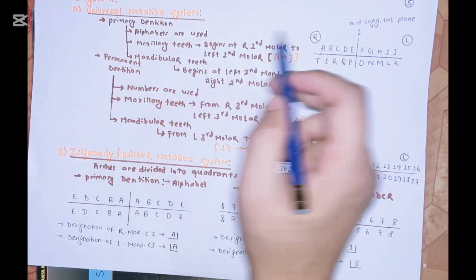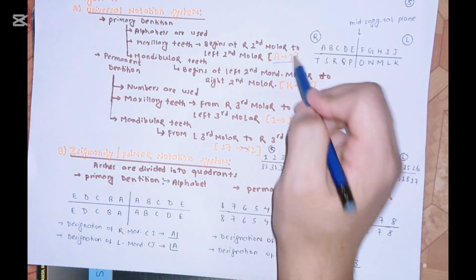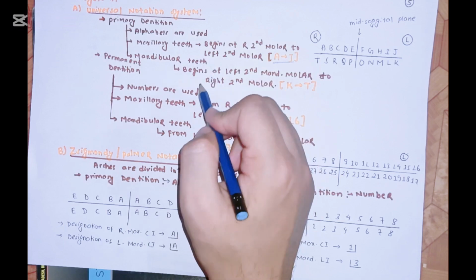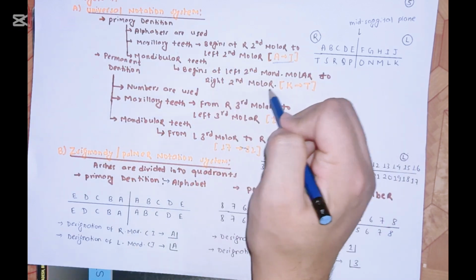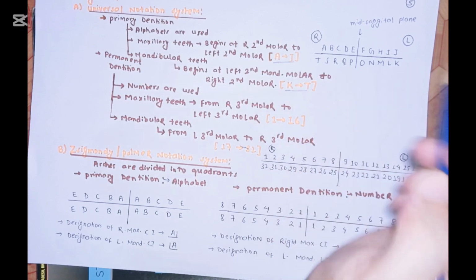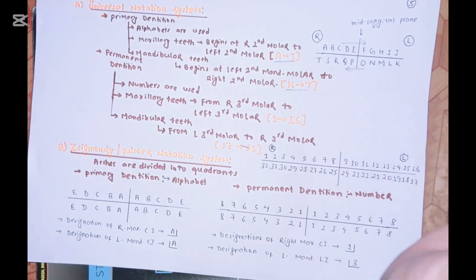In the maxillary teeth, the letters A to J are used. Similarly, in the mandibular teeth, it begins at the left second mandibular molar and goes to the right second molar, from K to T, as we can see here. This side goes this way and this side goes this way.